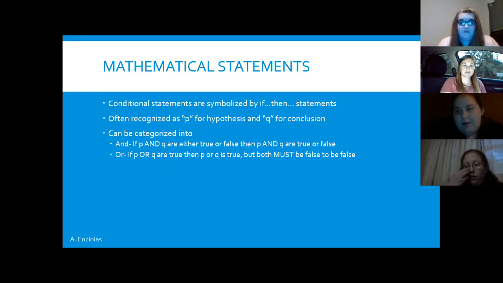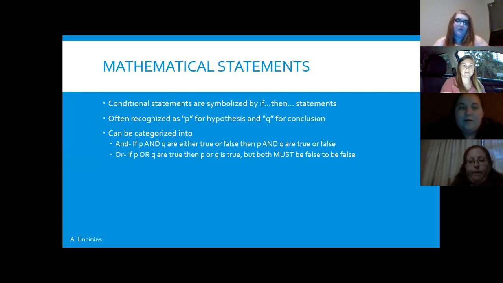The part where it gets a little tricky is with conditional statements. They're symbolized by if-then statements, kind of like you see in science with experiments. So we use P for hypothesis and Q for conclusion. And then they're usually connected by "and" or "or". So if P and Q are both true, then P and Q is true.